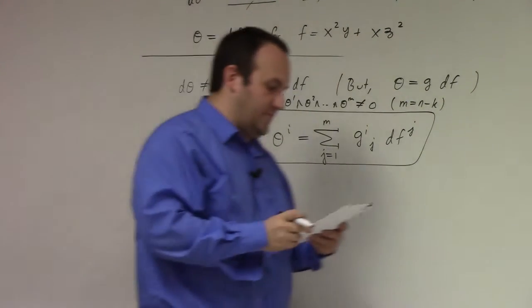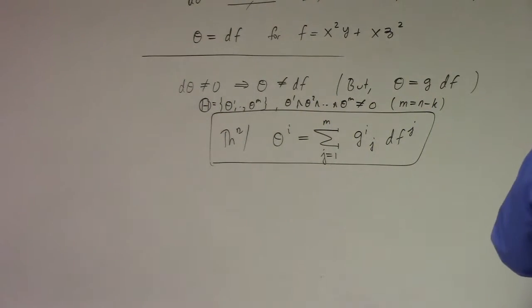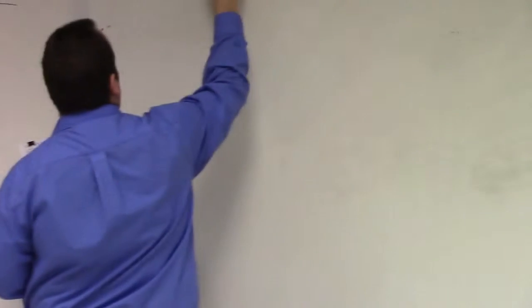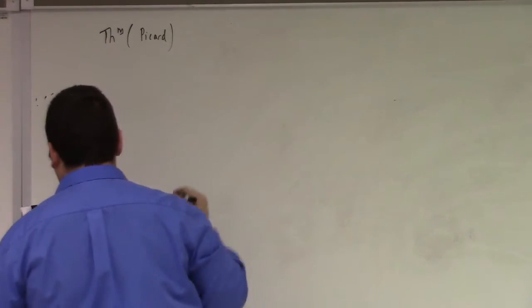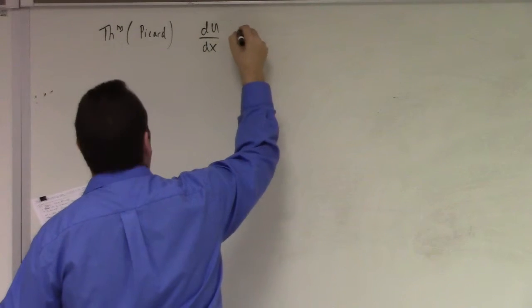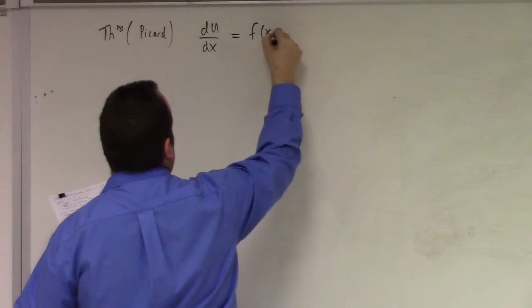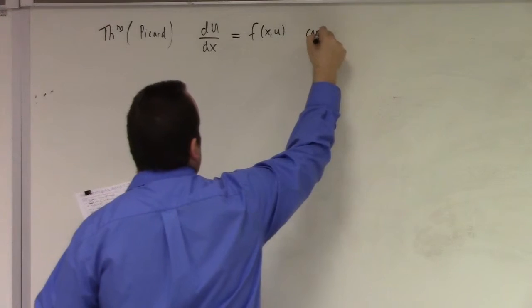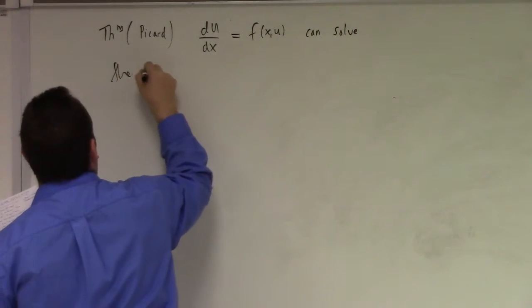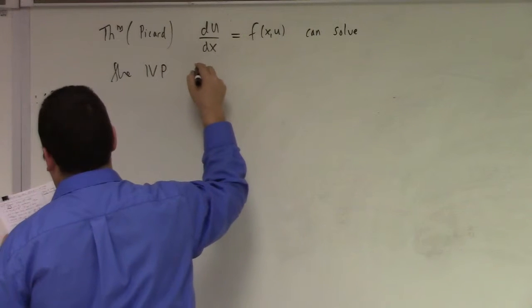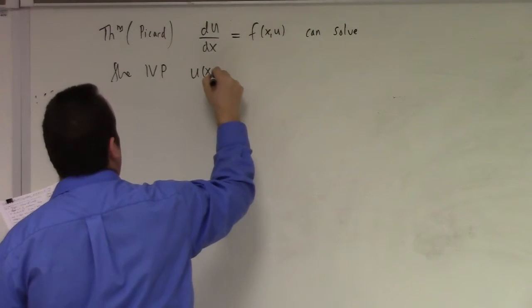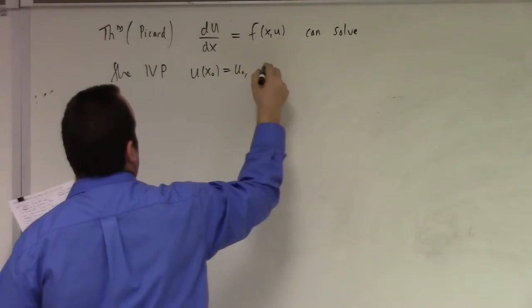So it starts with the first order problem. We start with the theorem of Picard. And what Picard says basically is that if you have du dx equals to f of x, u, you can solve the initial value problem, which is basically u of x naught equals to u naught.